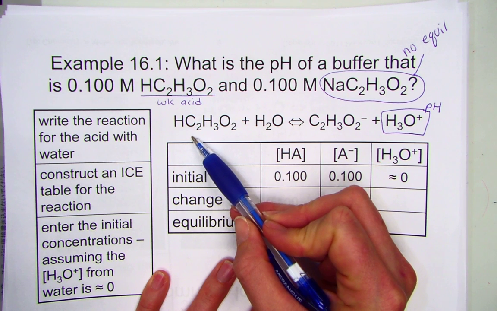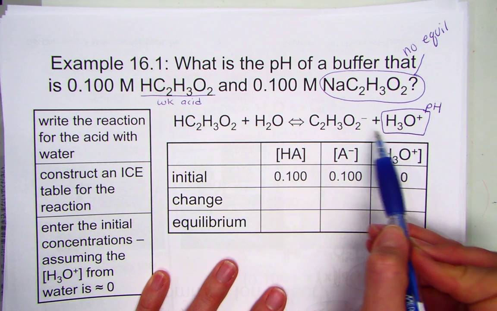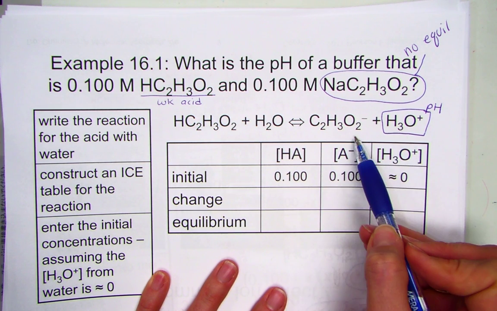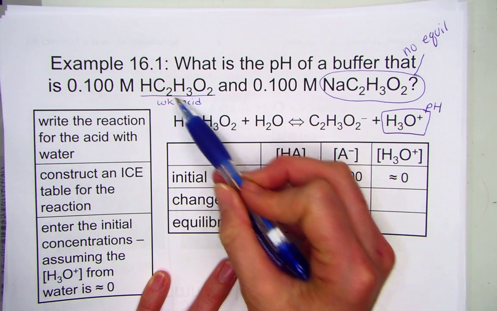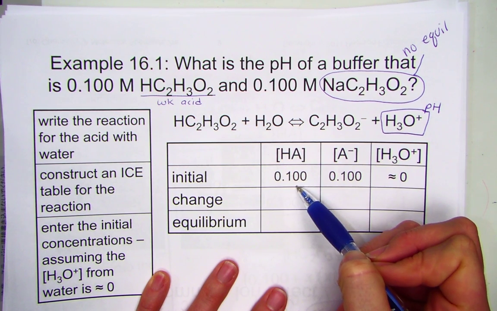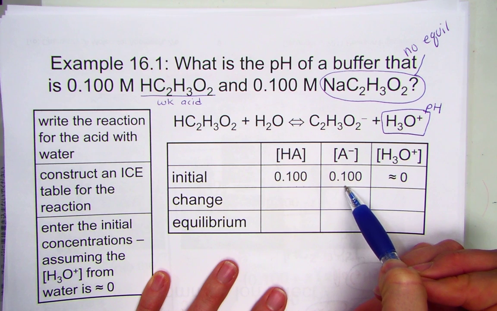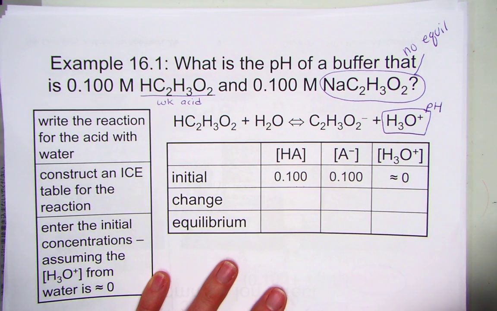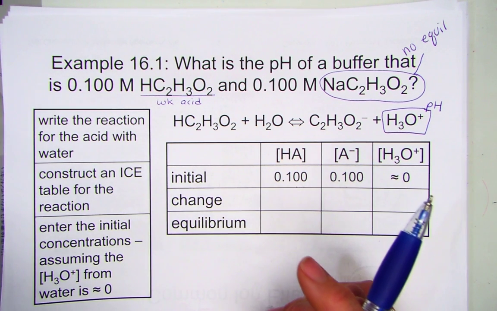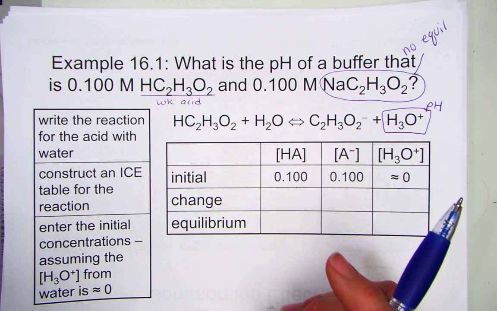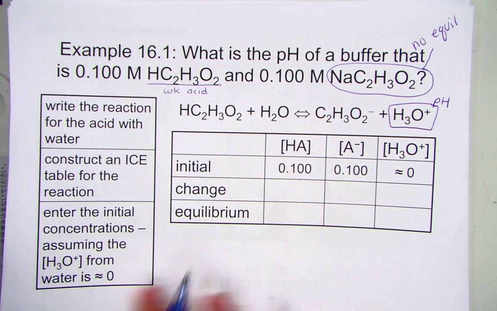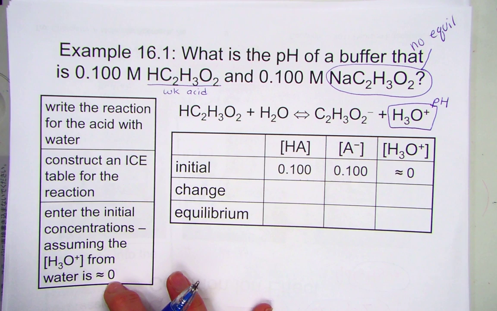When acetic acid combines with water to form the conjugate pairs hydronium and acetate, we take the original concentration of the acid, the original concentration of the salt, and 0 for the hydronium ion, and we begin to construct an ice chart. It says assuming that the hydronium from water is approximately 0.